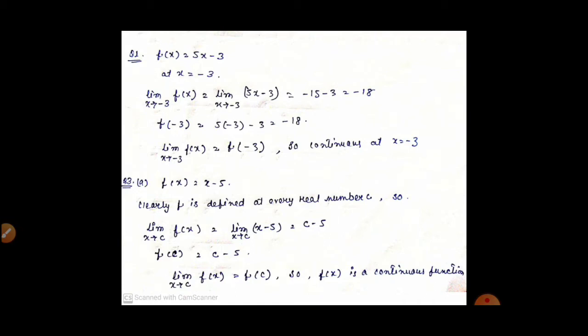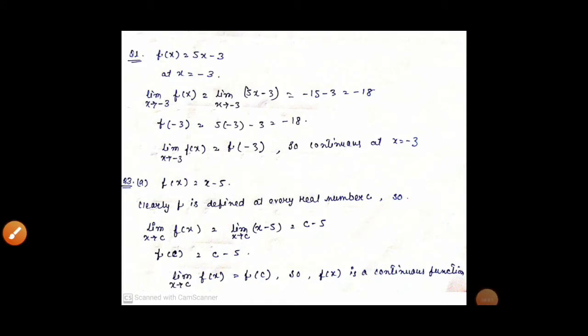But in question number 3 they have not mentioned the point at which we have to find the continuity. They just said that we have to examine the continuity, that this function is continuous or not continuous. Not a single point is given. So for this kind of question we have to do this process.